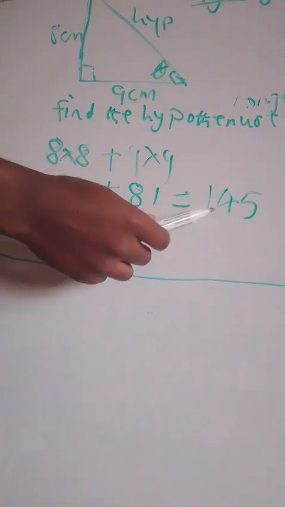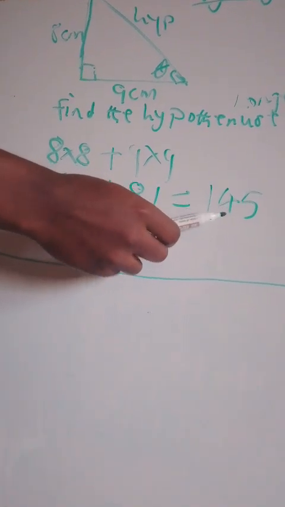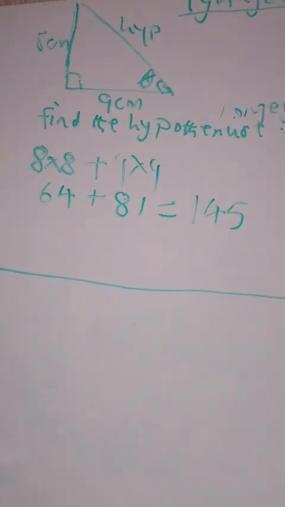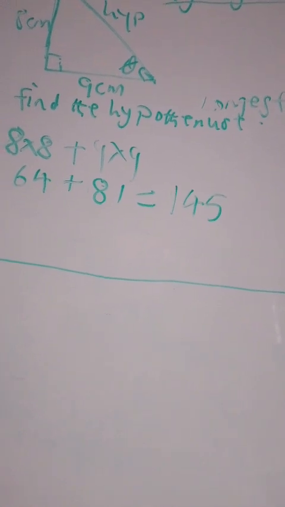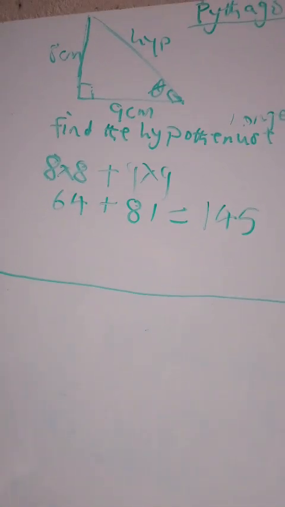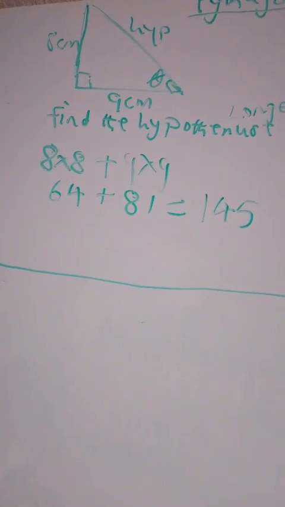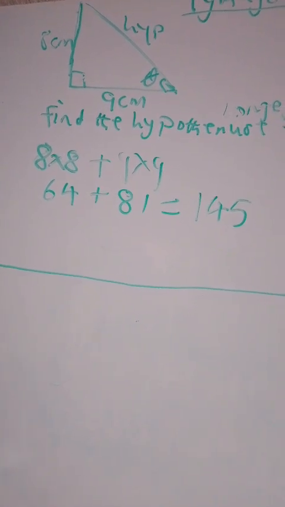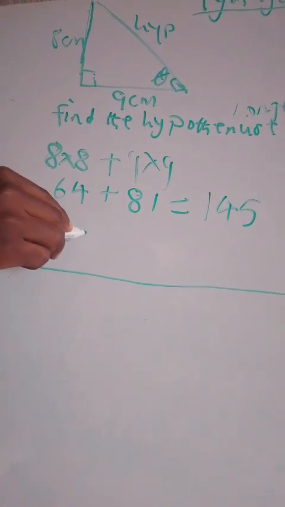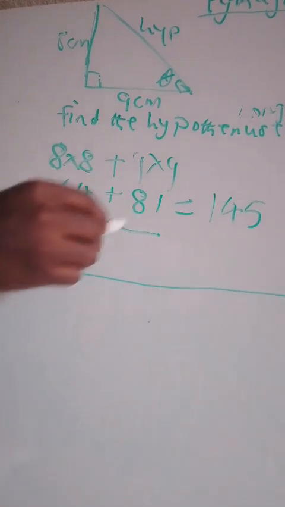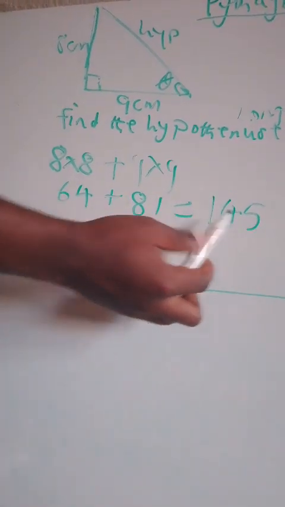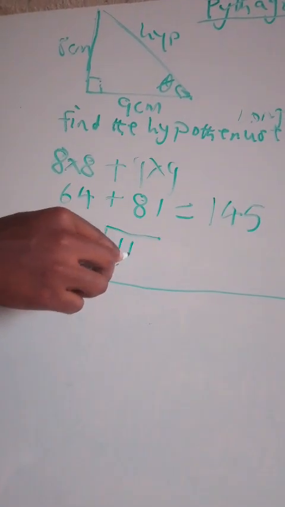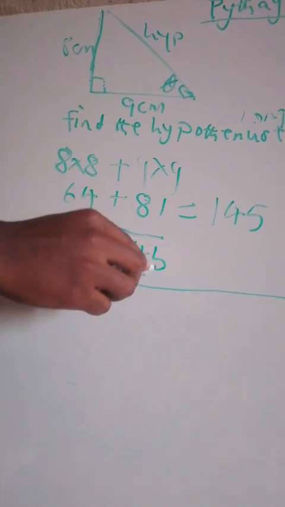So we are going to find the square root of this number. You go to your calculator and look for the square root of 145. This is the symbol of square root. You take this 145 and you put it here.